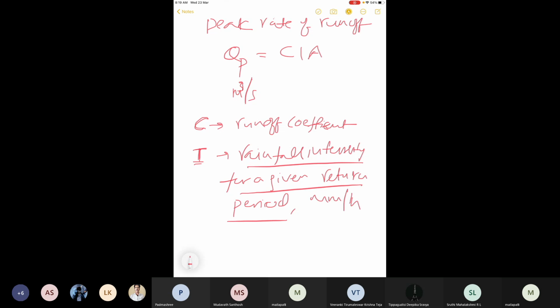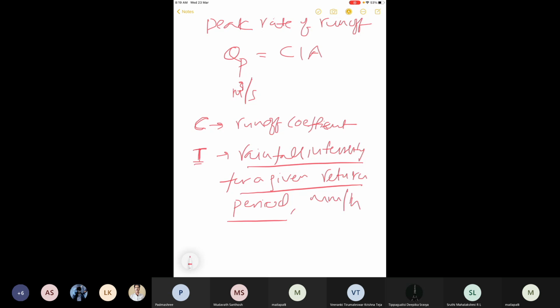The return period is the average number of years within which a given rainfall event will be expected to occur at least once. Suppose I say 5 years return period, and I is equal to, let's say, 10 mm per hour. It's happening at a 5 year return period. That means it's not that the 10 mm rainfall per hour will occur every 5 years. It's not that.